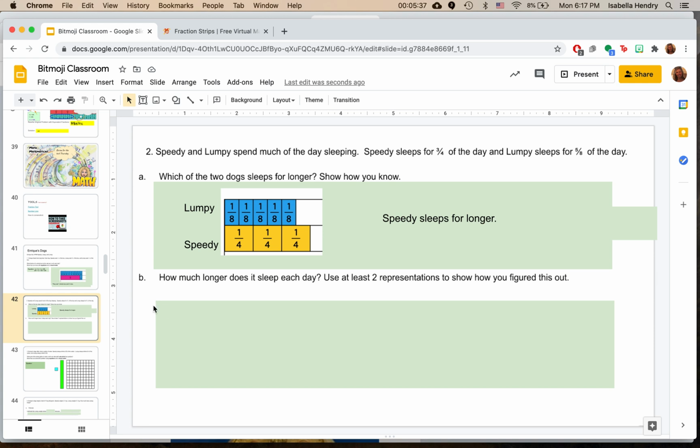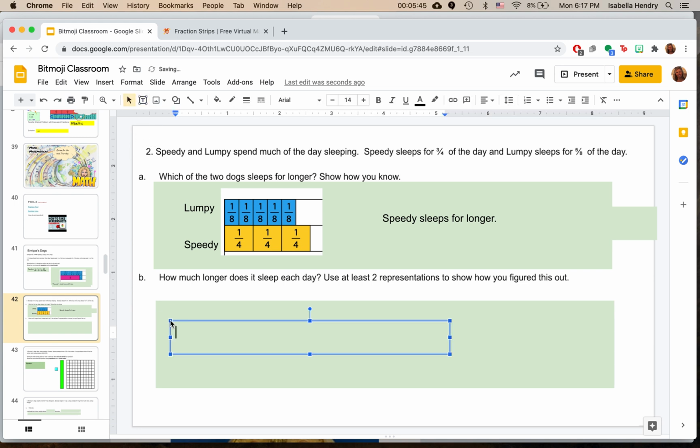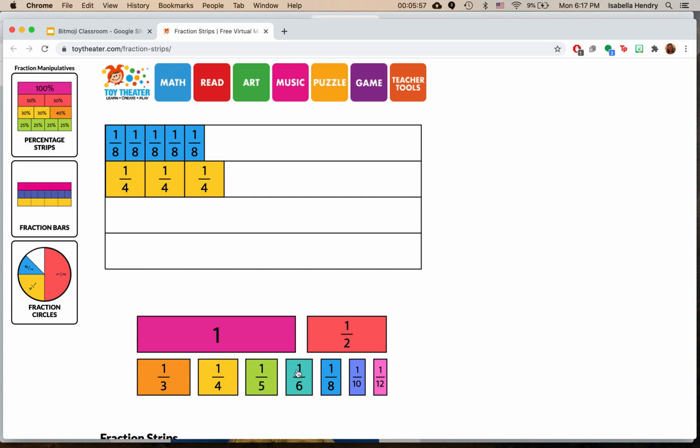So there's a couple ways I could solve this, and I'll show you several different ones. The first way is I could subtract. So I could say, okay, I want to know how much longer. I'm going to do 3/4 minus 5/8 and find my answer. The other way is I could use my picture and I could say, okay, how much more would I need for those numbers to be the same? What's the difference between those numbers?